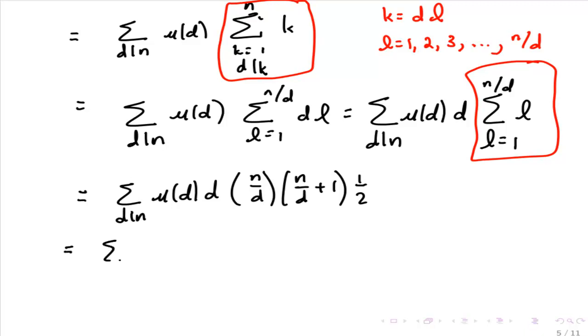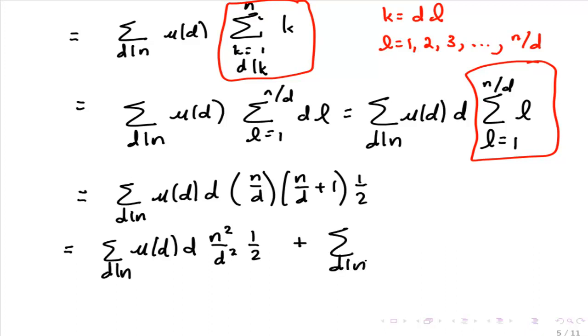We'll have one piece which will have mu of D, D times N squared over D squared with a 1/2. And then there will be another piece that'll just have N over D times 1/2.